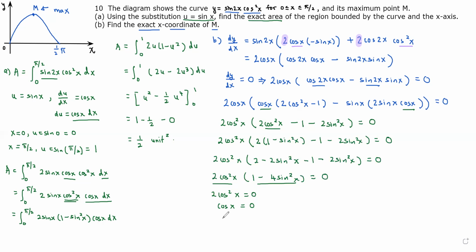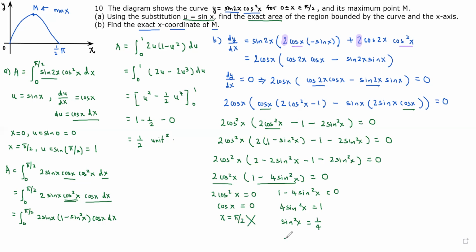But cos x is 0 when x is pi over 2. So that is not possible, because the x coordinate of M must be less than pi over 2. The answer must be from this second part here: 1 minus 4 sine square x is 0. 4 sine square x is 1, or sine square x is 1 over 4.